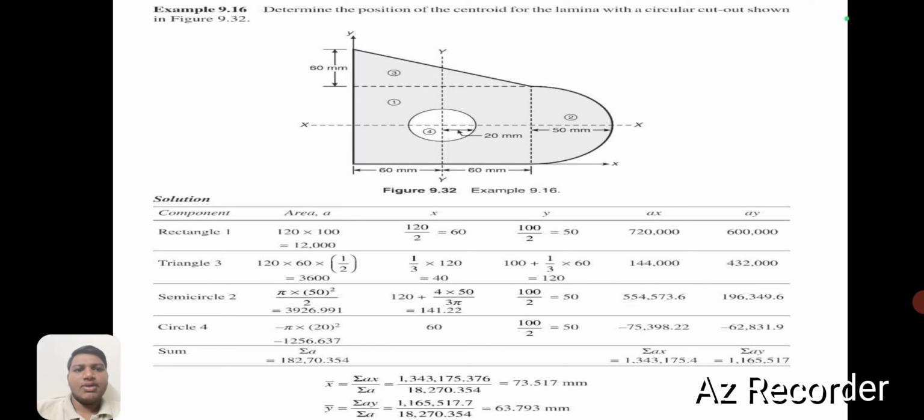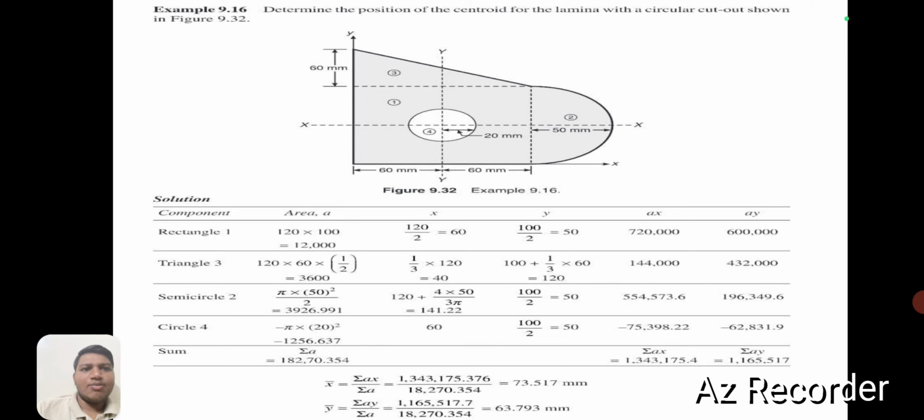The base is 120, divided by 2 is 60. To find y, it is d by 2. D is 100, 100 divided by 2 is 50. A into x, 12,000 into 60, is 7,20,000. And A into y, 12,000 into 50, is 6 lakhs.